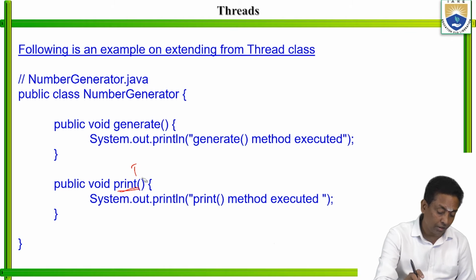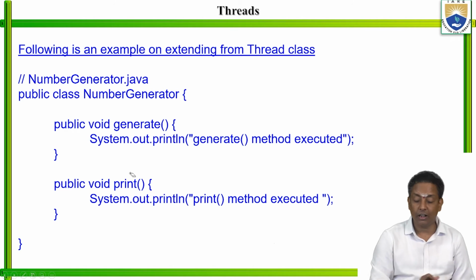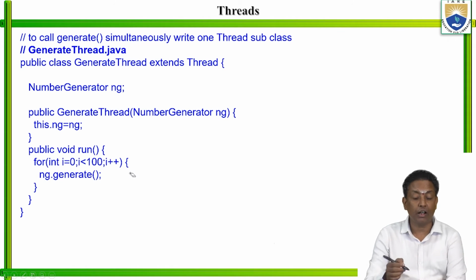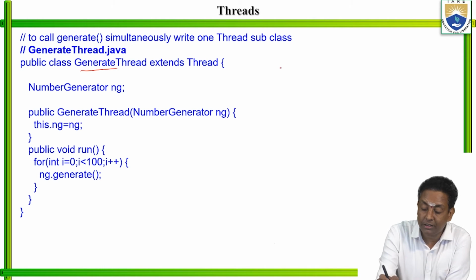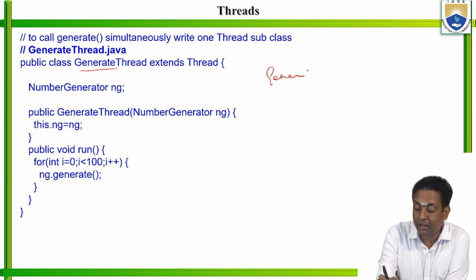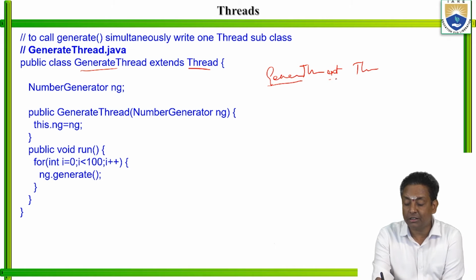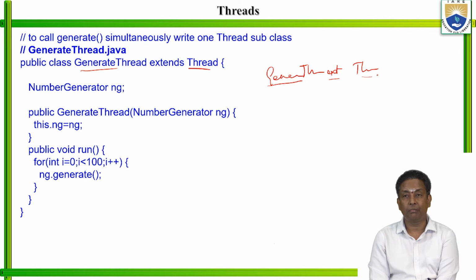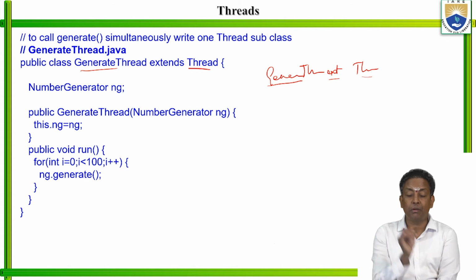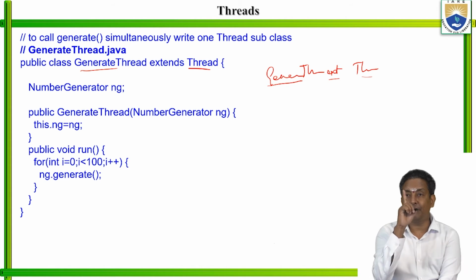Then how to do it? For the generate method, you write a class called public class GenerateThread extends Thread. Whenever you implement a thread, you must implement one method called run.